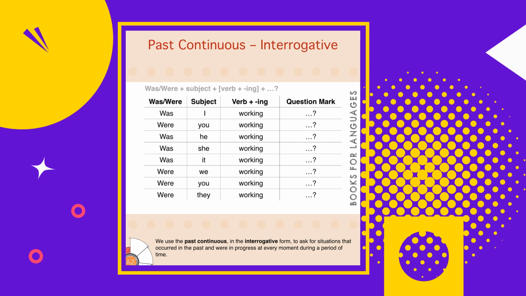The next one is was he study plus ing yesterday? Was he studying yesterday? Question mark. Now if we replace he with she in the previous sentence, it becomes was she studying yesterday? Question mark.